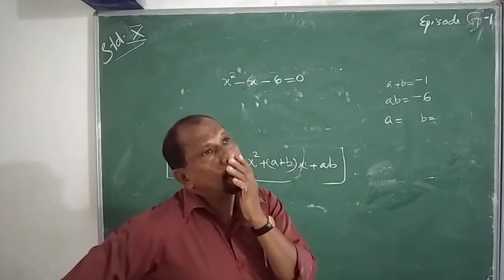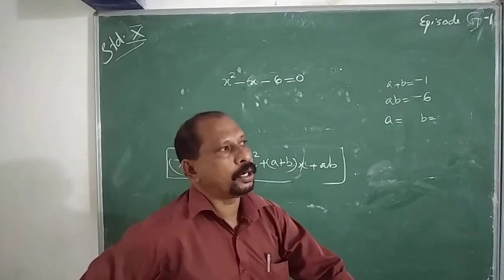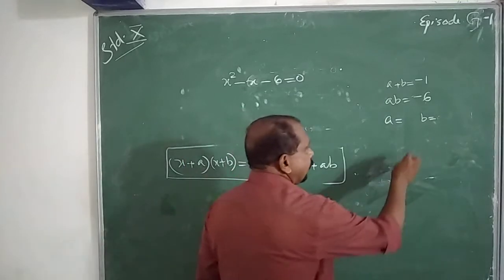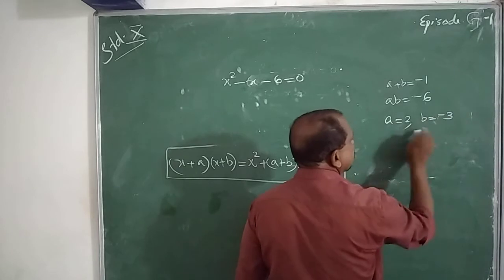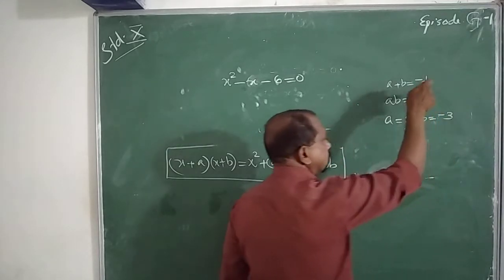Therefore, 2 into 3 is 6. 3 minus 2 is 1, and 2 minus 3 is minus 1. Therefore, a is equal to 2 and b is equal to minus 3. 2 minus 3 is minus 1, and 2 into minus 3 is minus 6.